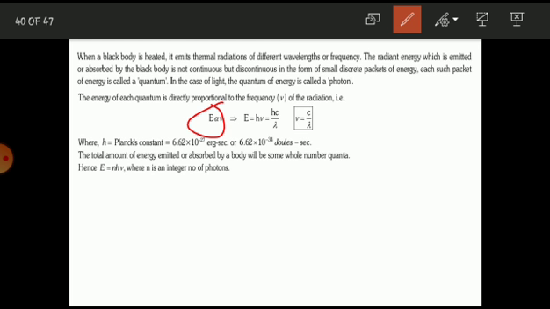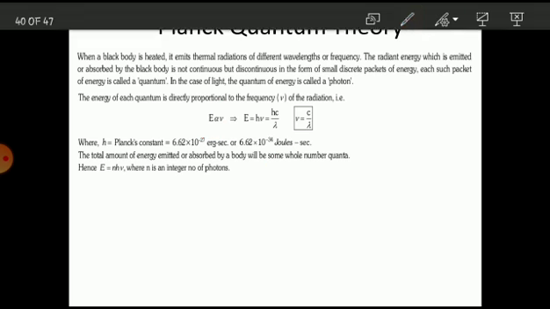The total amount of energy emitted or absorbed by a black body will be some whole number of quanta. Hence E is equal to nh nu, where n is an integer. Here you only have to remember this much.